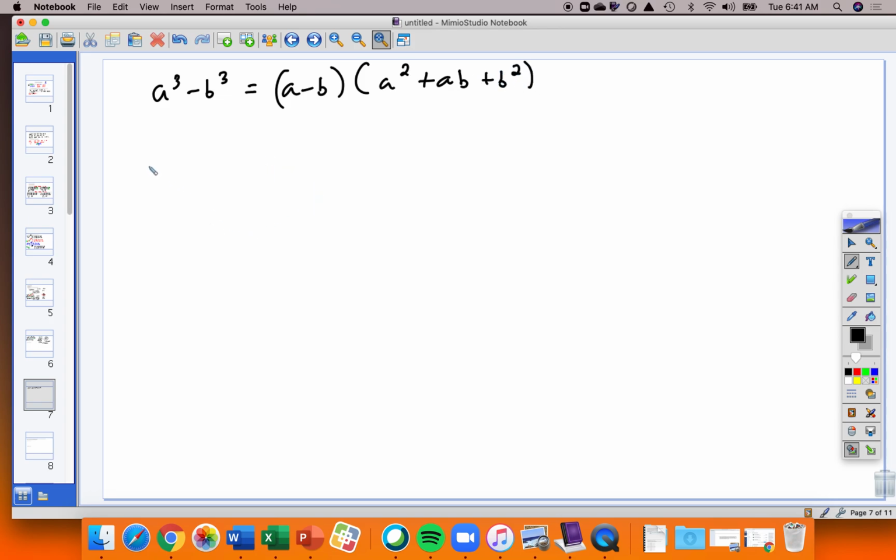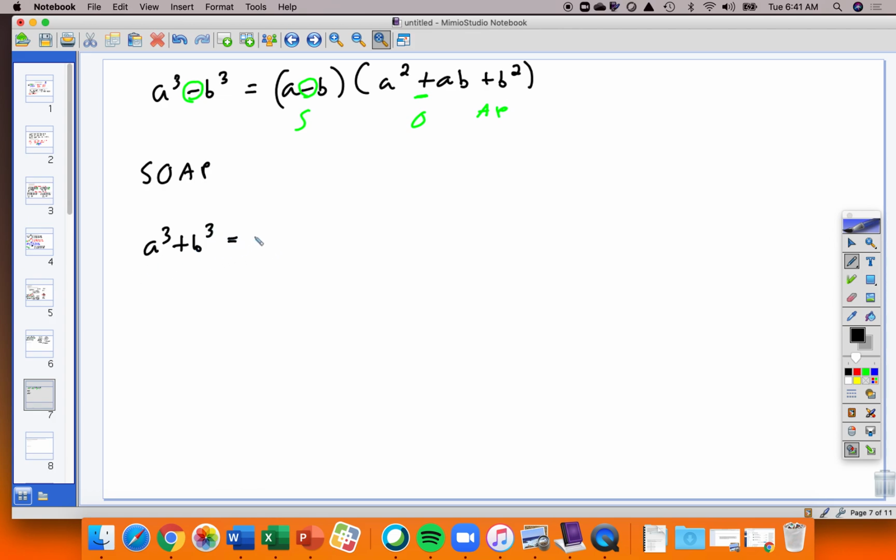Now, this is that thing you guys probably heard of, SOAP, which is same, opposite, always positive. It's talking about the signs. We have same, and we have the opposite, and then we have always positive. The reason why we talk about that is because we also have what's called a sum of perfect cubes.